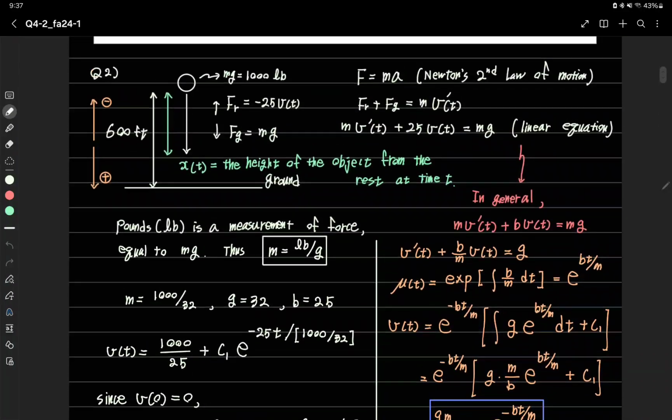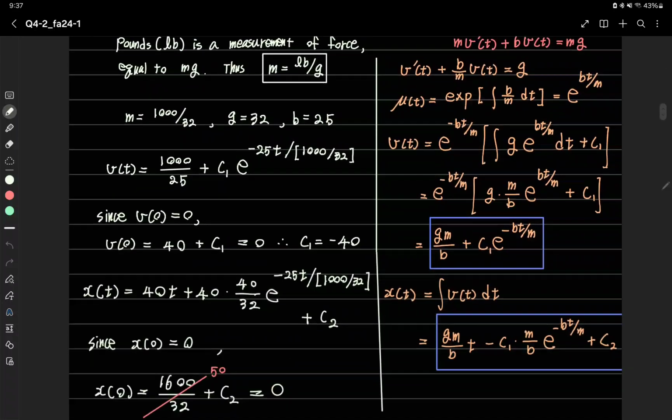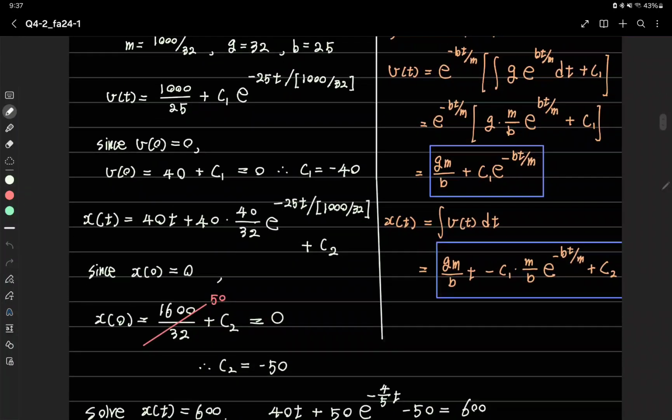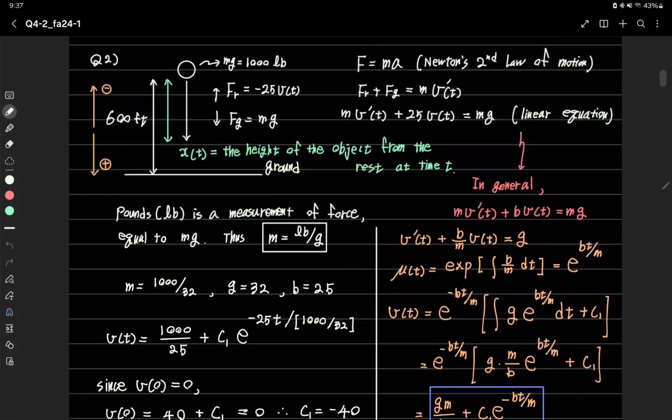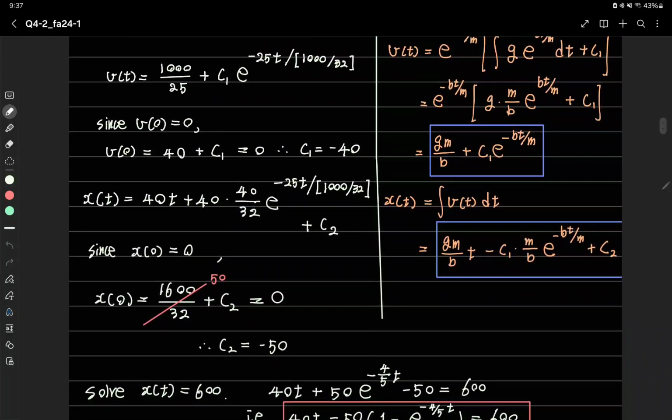And now we find c2 using the initial position of the object, which is 600 feet above the ground. We set x of t as the height of the object measured from the release point at time t, so x of 0 equals 0.